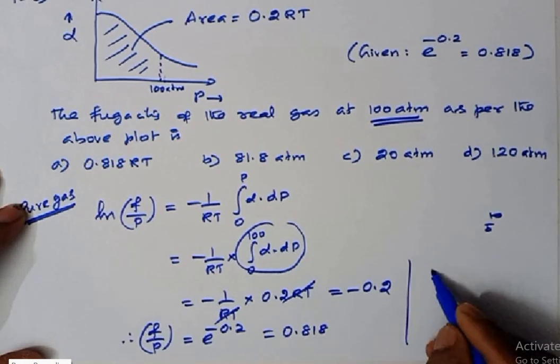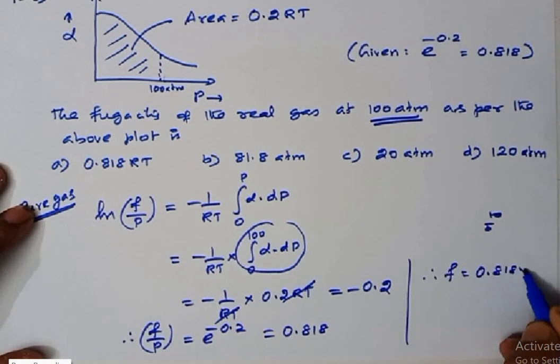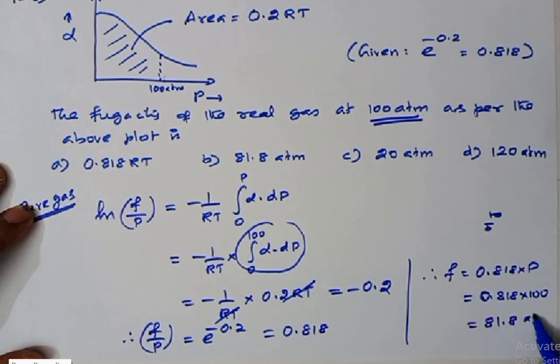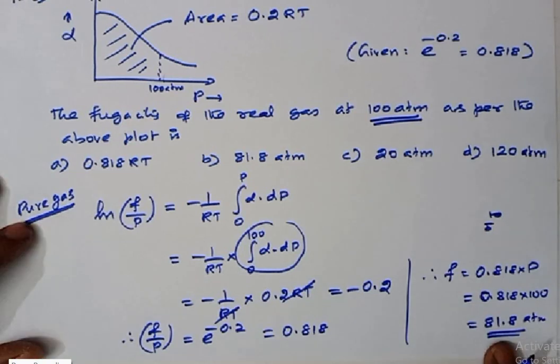Therefore, F is equal to 0.818 into P. We need to find out the fugacity at 100 atmosphere. So into 100, if I multiply, I'll get 81.8 atmospheres. Yes, this is the fugacity of the gas at 100 atmosphere pressure. Take note. Therefore, the correct option for this question is option B.